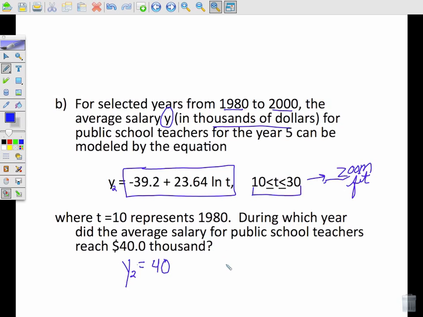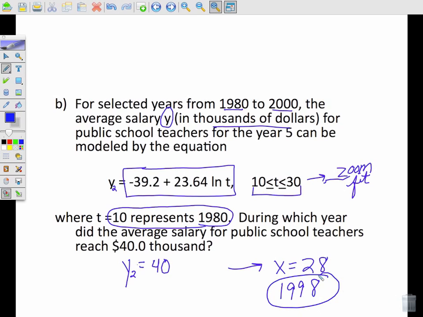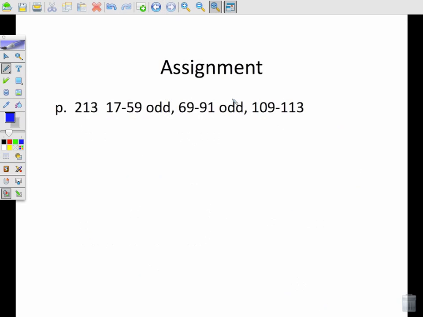You can pause at this point in time and graph it and find it. You should be getting x equals about 28, so 28 years. If 1980 is when x is 10, then this would be 1998. That's the year that we're looking for.